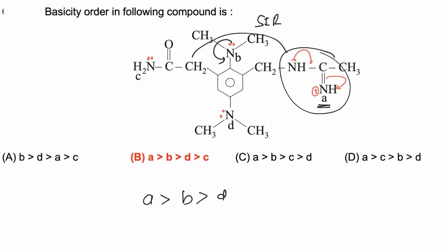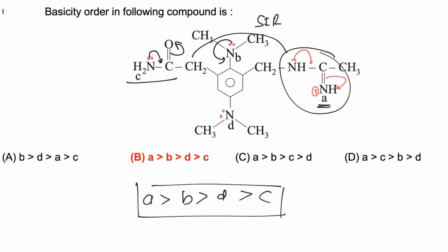Now in case of C, nitrogen is in resonance with the carbonyl group. Now this is an amide group, and the lone pair of nitrogen is mostly shifted to the oxygen atom, towards the more electronegative atom, and hence C is least basic, and hence the correct sequence is A, B, D, and then C.